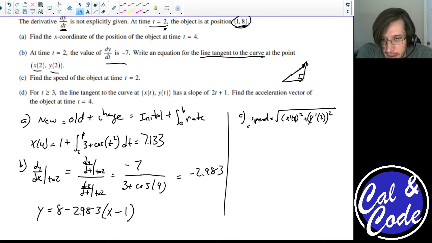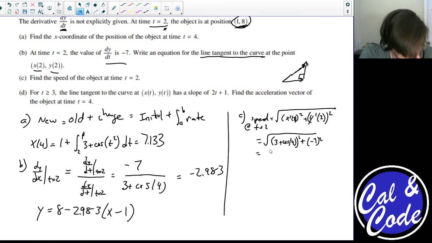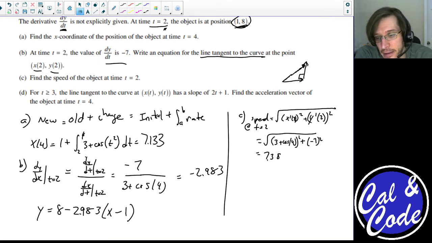That'll give me my speed at time t equals 2. So in this case, our speed is the square root of (3 plus the cosine of 4) squared plus (-7) squared. When we work this out, I got earlier 7.383.